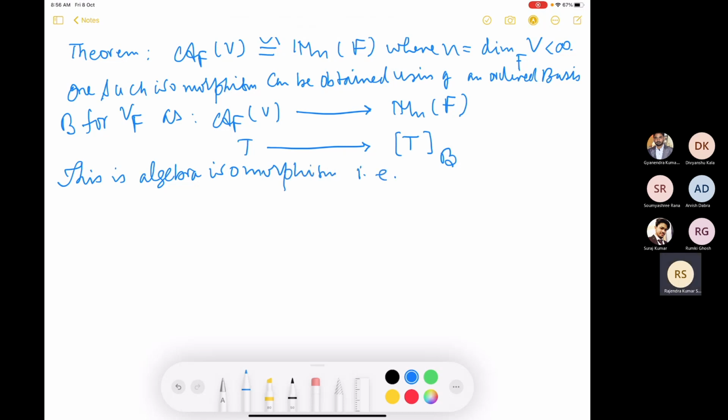That is, it preserves sum, scalar multiplication, and the product. Number one, it preserves the sum, meaning the matrix of S plus T with respect to B is this.